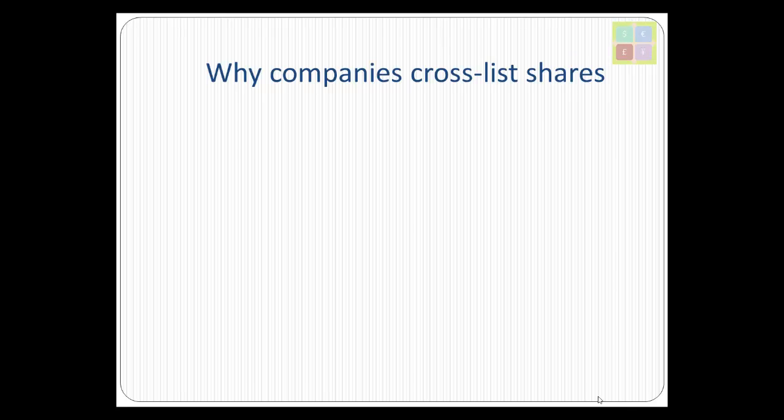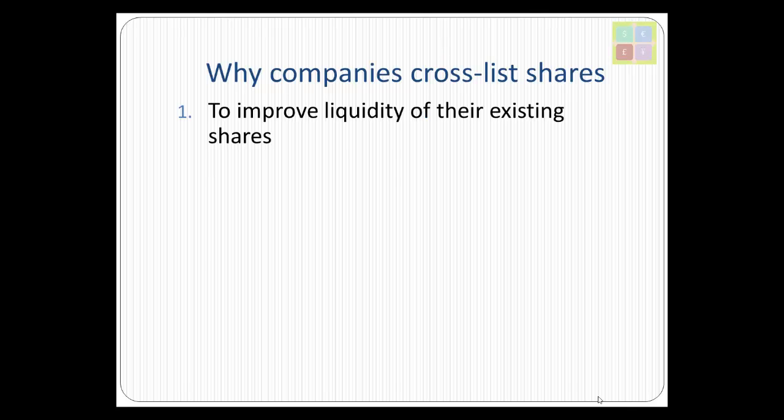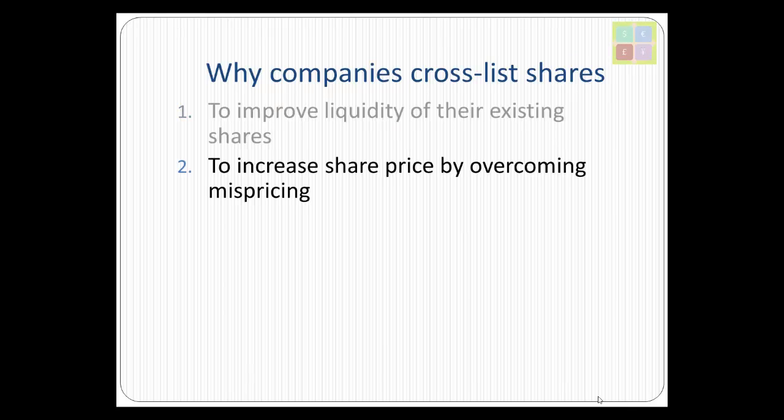First, with more buyers and sellers, the demand and supply of these shares is likely to be more in balance. This improves liquidity of the company's existing shares. With more buyers and sellers, especially in the developed markets, the shares are likely to be fairly priced.